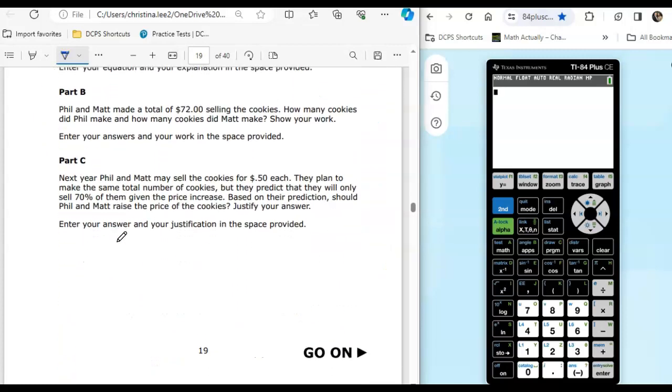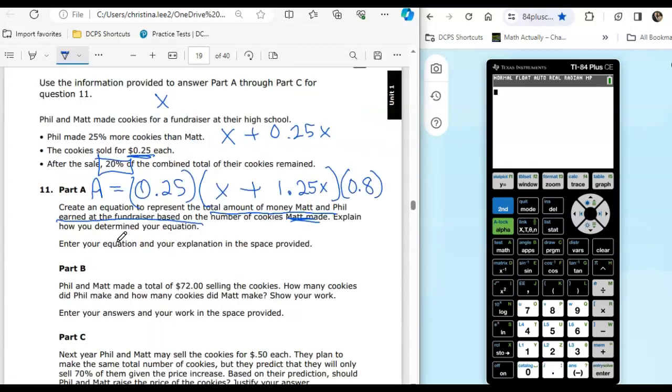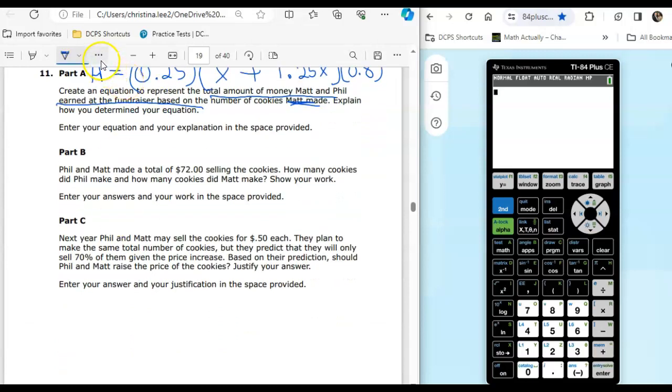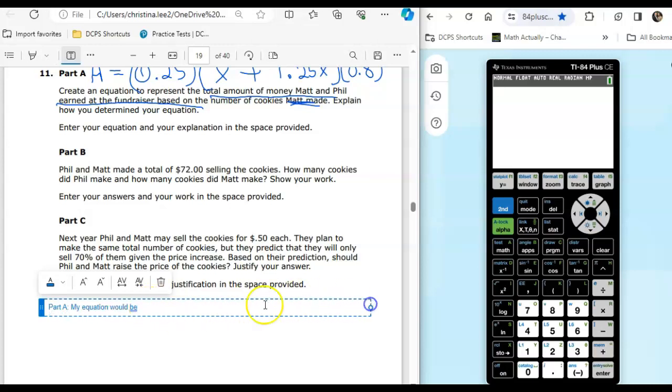So let's go down. We don't actually have a lot of space here, so I apologize for that. But let's take a look at this explanation because this is the part that's important. So for part A, my equation would be A equals 0.25 times (x plus 1.25x) times 0.8.